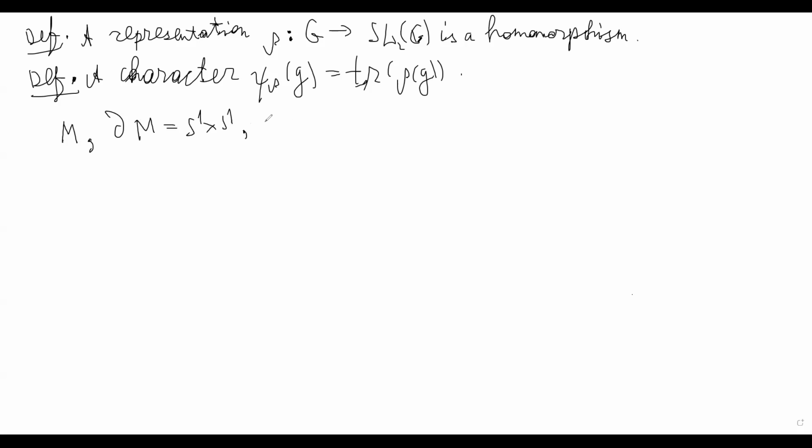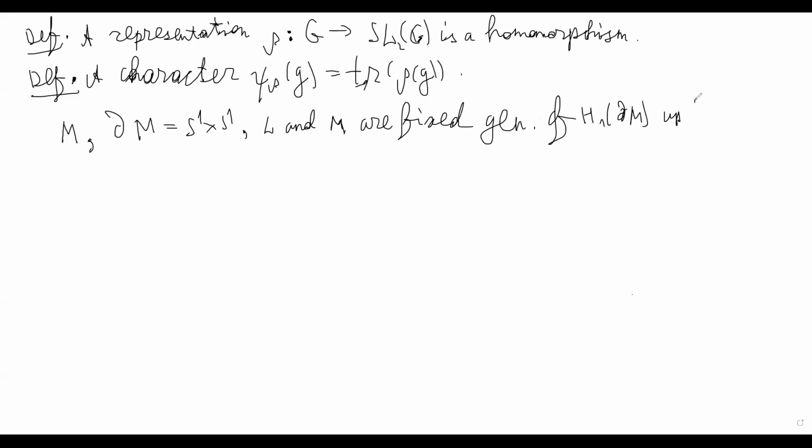We have L and M, fixed generators of H1 of dM, up to simultaneous change of signs.